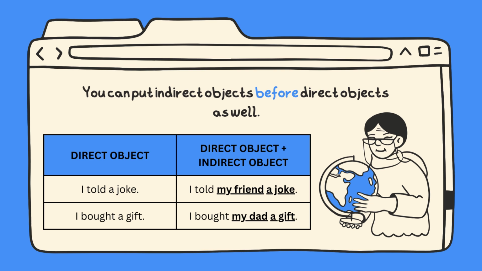You can also put indirect objects before direct objects too. Under the direct object column, you will say, I told a joke, I bought a gift. But under the direct object plus indirect object column, you will now say, I told my friend a joke.